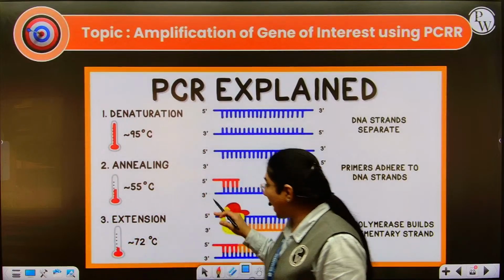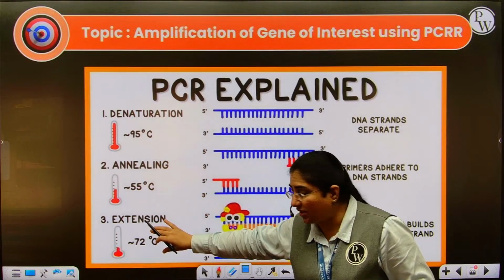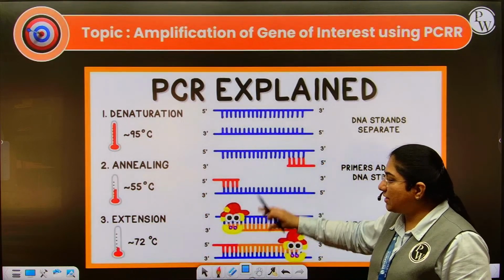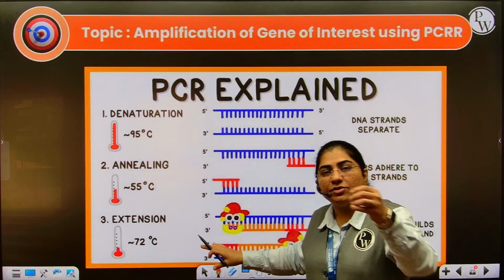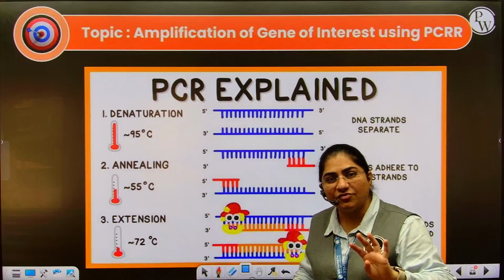So we are putting Taq polymerase enzyme, increasing the temperature to 72 degrees Celsius, and we have already also added nucleotides, A, T, G, C, the different types of nucleotides.